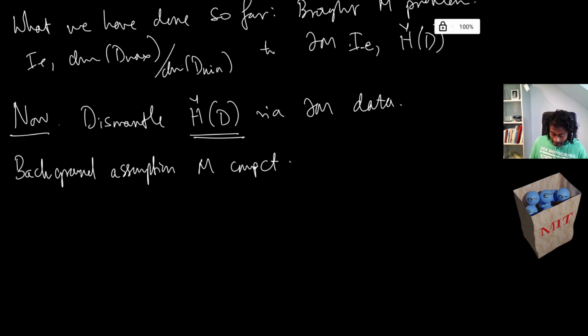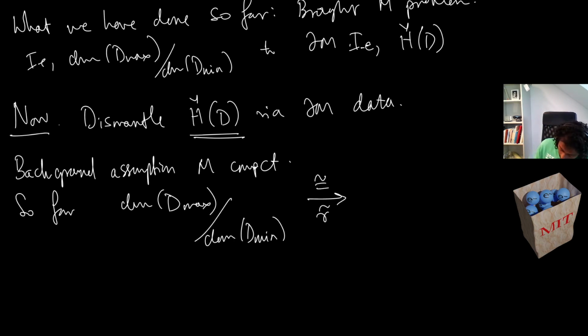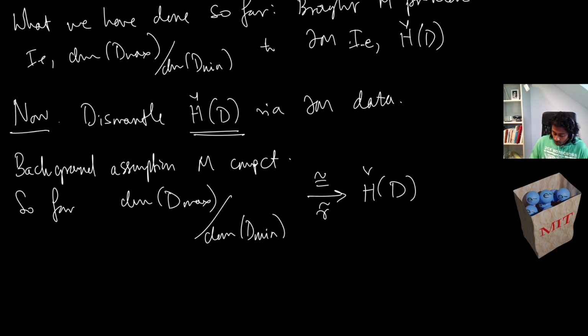Okay. So background assumption. So getting back to this, M is compact. So far what do we have? So far we have that dom D max mod dom D min. I'm gonna repeat this many times because we learn through repetition. So gamma tilde is the induced map, so this is isomorphic.